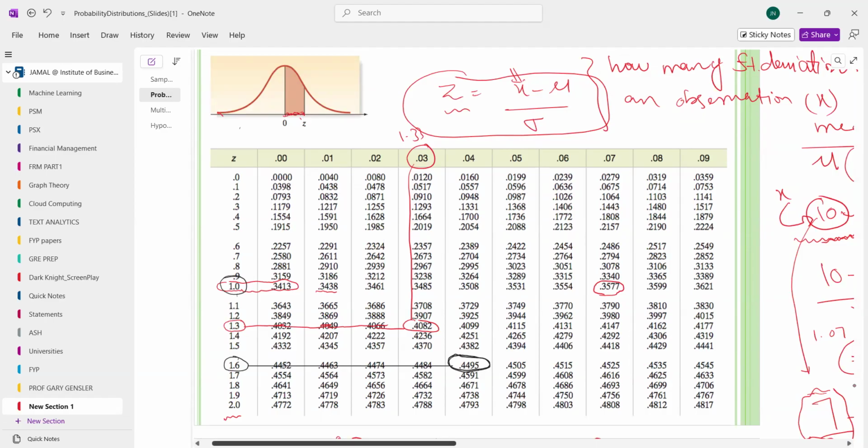Yeah. So you can multiply it by 2 and you will get it.